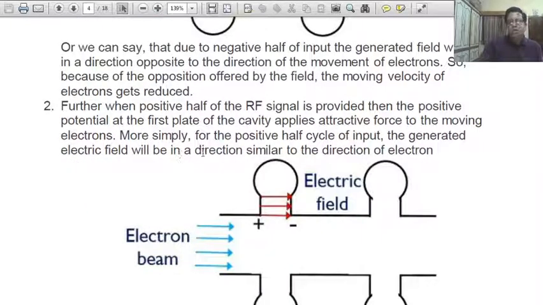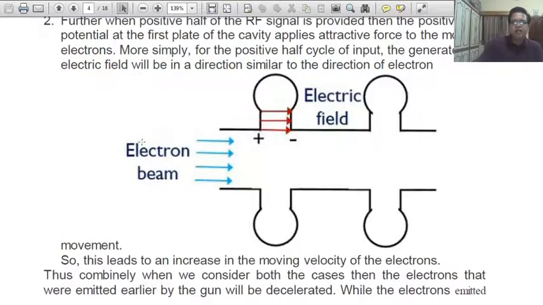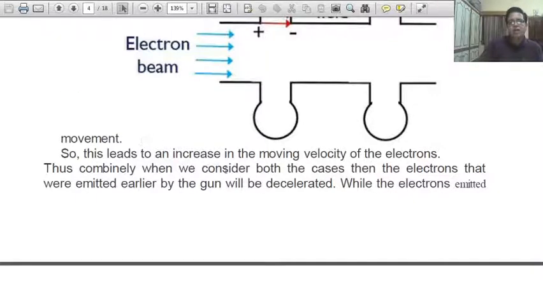Further, when the positive half cycle of the RF signal is provided, then the first plate is positive. Both directions are the same, electron beam direction and electric field direction, that means the force direction is the same.